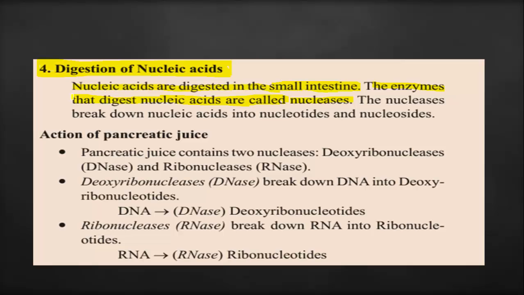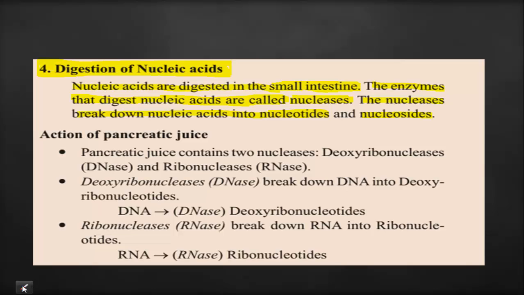The nucleic acid digesting enzyme is called nuclease, or they are called nucleases. And these nucleases are present in the small intestine, so that the digestion of the nucleic acids is confined to the small intestine. The nucleases break down nucleic acids into two components such as nucleotides and nucleosides.